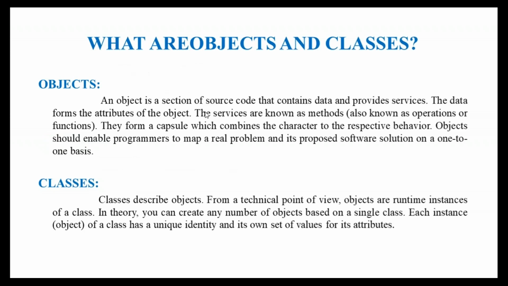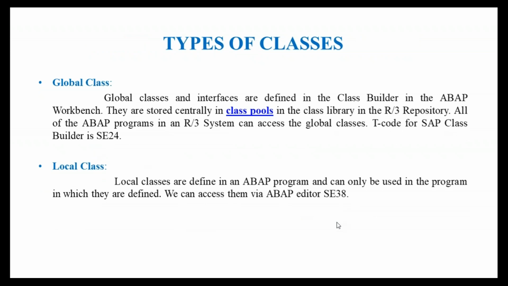An object is a section of source code that contains data and provides services. The data forms the attributes of the object. The services are known as methods. As of now, you can just understand that a method is where we write the logic, and classes describe the object. So what is an object? An object is an encapsulation of a class.